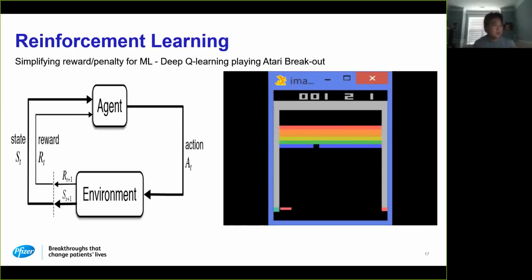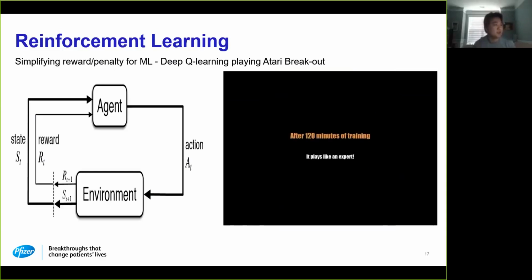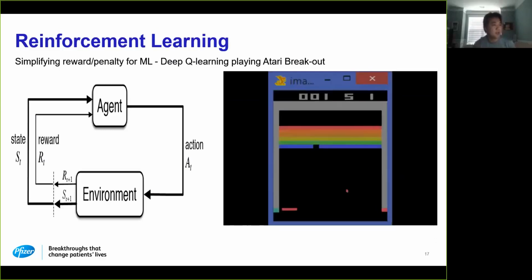So all the bot really knows is that by performing actions, it's trying to get the reward, which is a score, and it's trying to learn the most efficient way to gain that reward. Now, this is very simplified learning, of course. After 120 minutes, it starts to play like an expert, because it has found the best way to play this game.